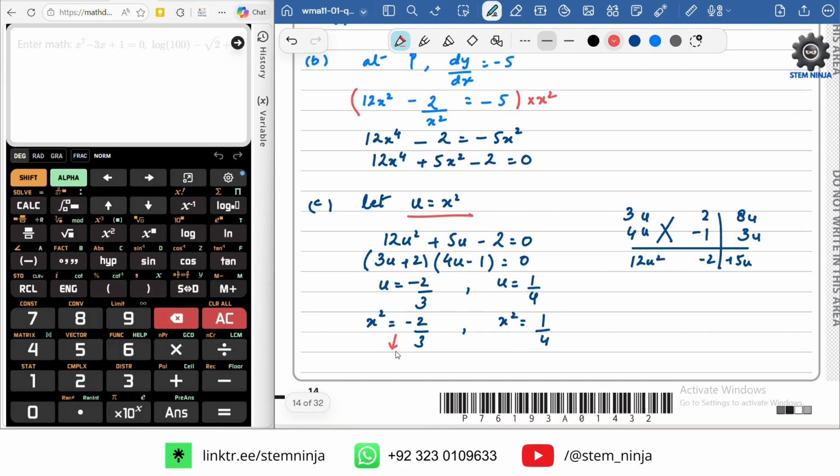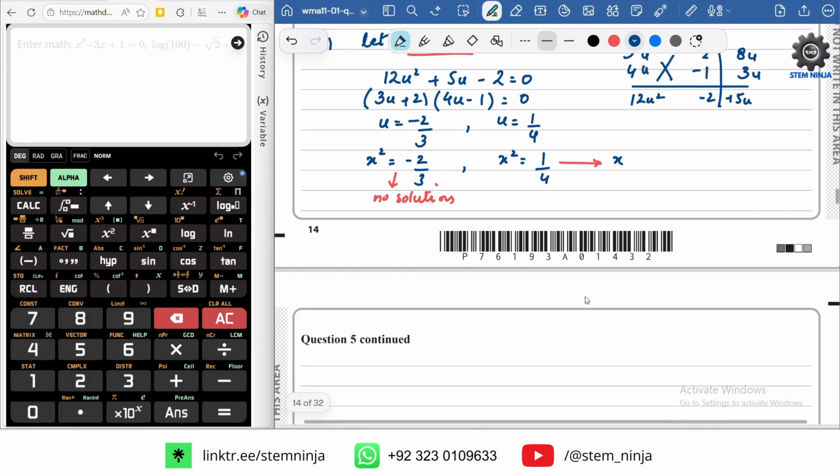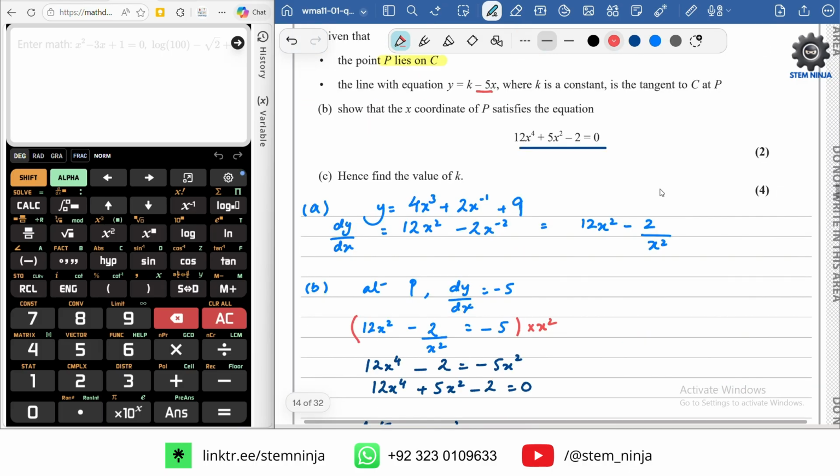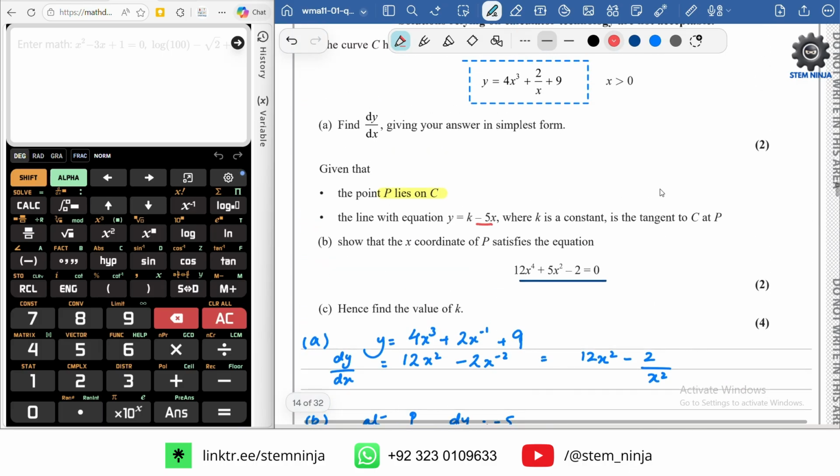So x squared is either minus 2 over 3 or x squared is 1 over 4. The negative one yields no solutions. This one leads to x is plus or minus 1 over 2. We can't just use 1 over 2, we have to use the minus 1 over 2 also, unless there is a condition.